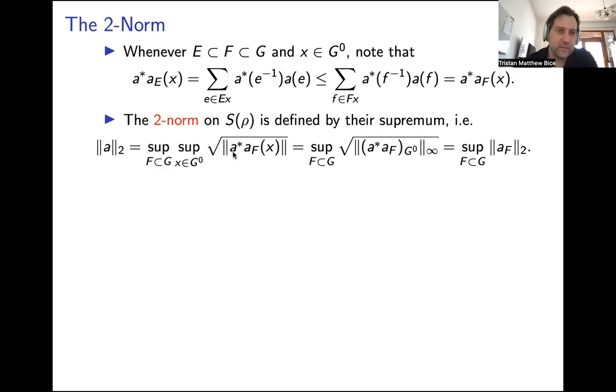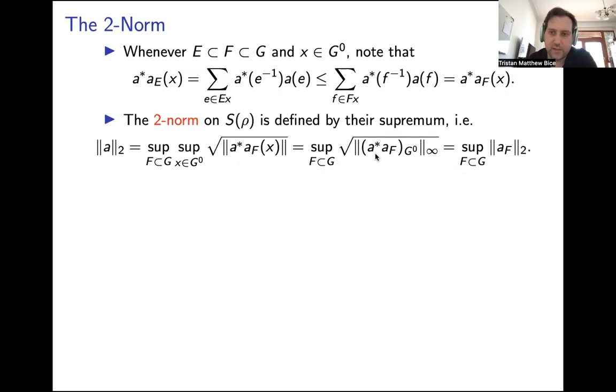So you're taking the supremum over the norms for all finite subsets, and also the supremum over all units in G. Or put another way, you can rephrase this in terms of the infinity norm: you look at A star A F, for some finite F, restrict that to the unit space, and then look at the infinity norm. That's another way of looking at it.